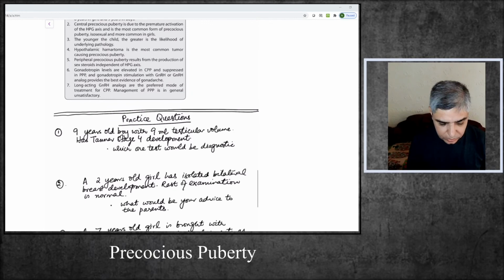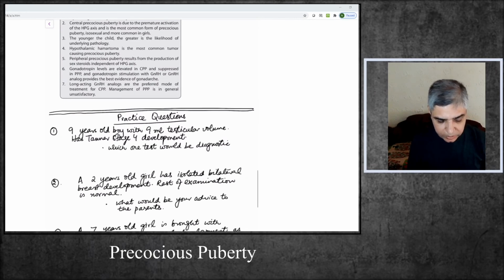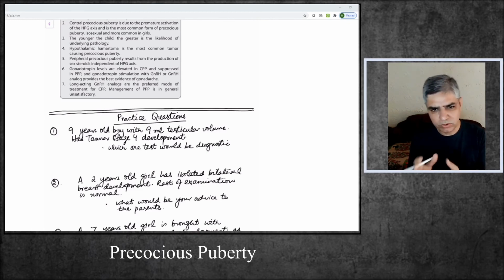Question number 2. A 2-year-old girl has isolated bilateral breast development and the rest of the examination is normal. So at 2 years old, just some small isolated bilateral breast development, there are no other signs of precocious puberty. What would be your advice to the parents? Now this is what we call isolated premature thelarche, and it's quite common in girls between the age of 6 months to 2 years, or some books say even 2.5 to 3 years.